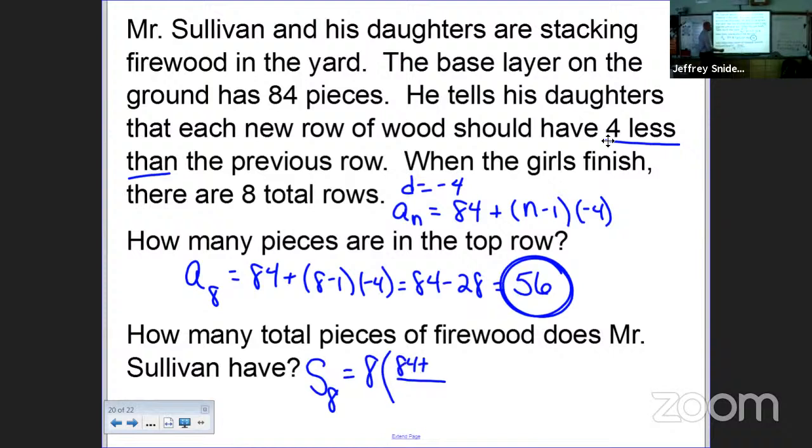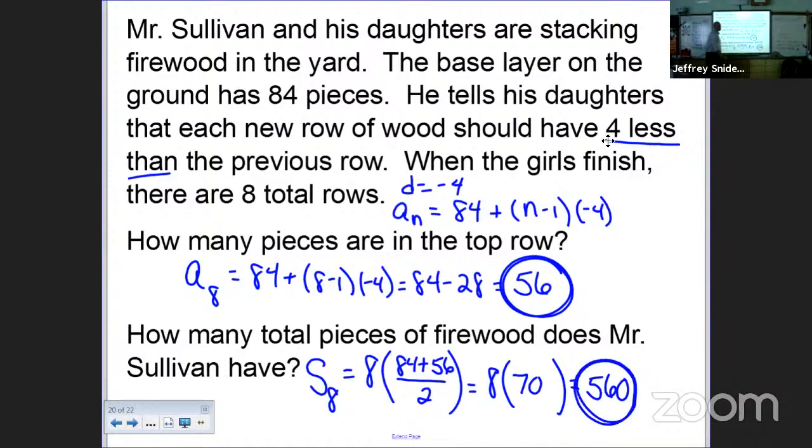It is 56, divided by 2. It's always divided by 2. So this is going to give me 8 times, inside, you're going to get what? 140 over 2, which is 70. So how many pieces of wood does he have total? 560.